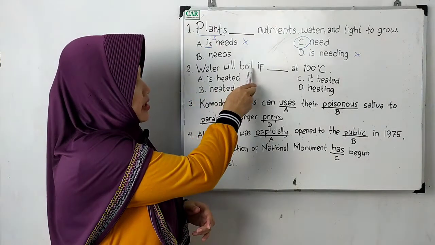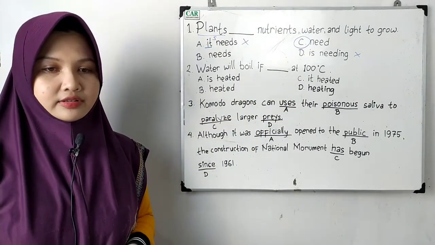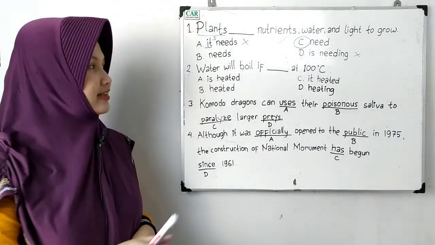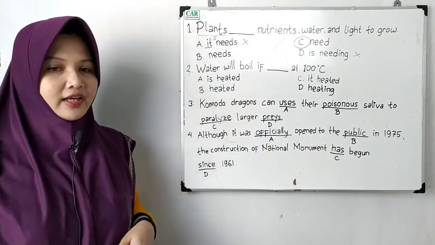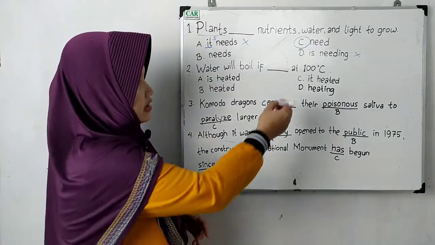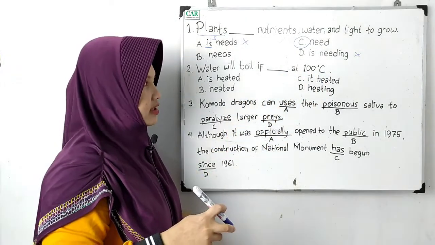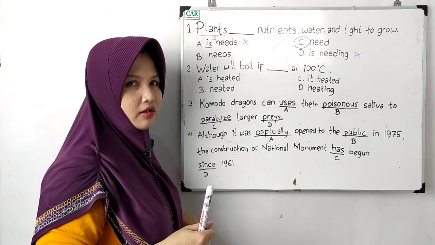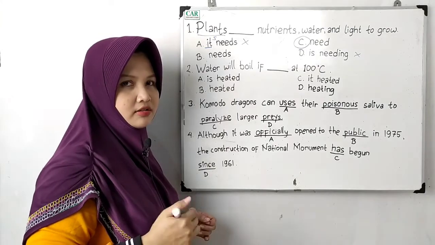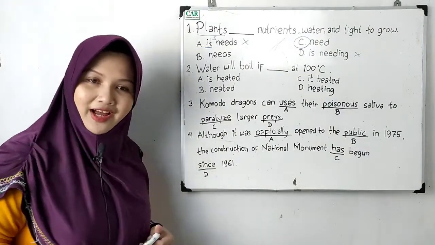This one is the main clause and this one is the subordinate clause. And let's focus on this subordinate clause. In this subordinate clause, does it use active voice or passive voice? Yes, passive voice. That's right.